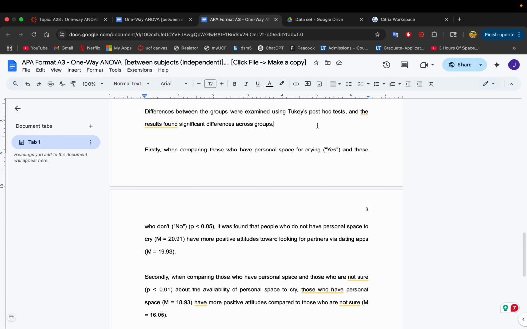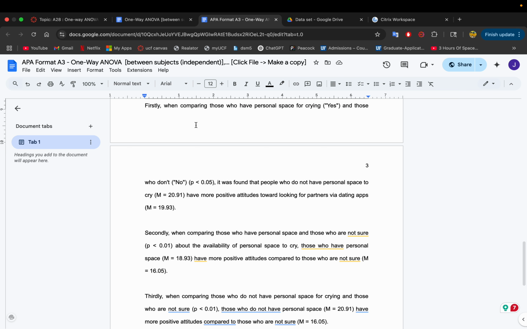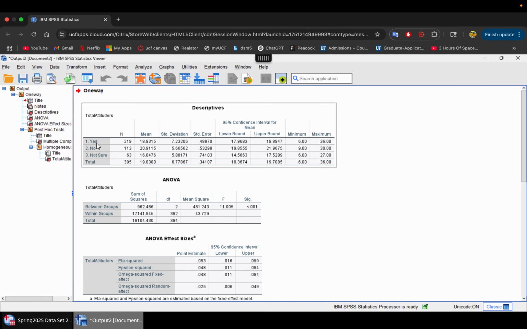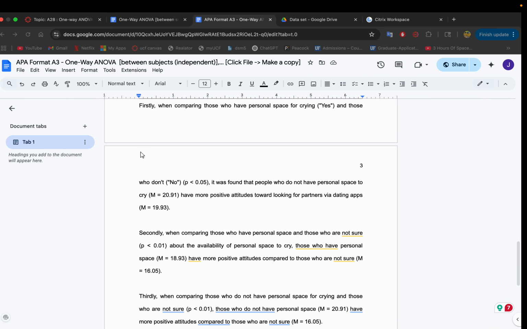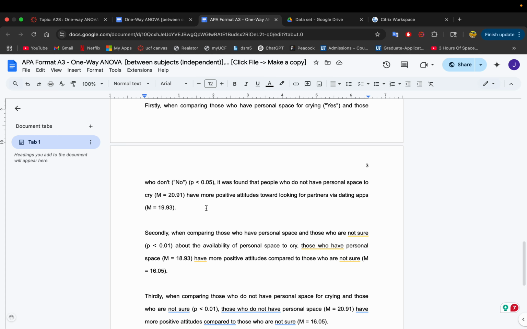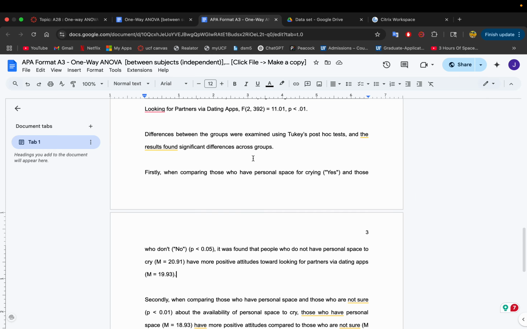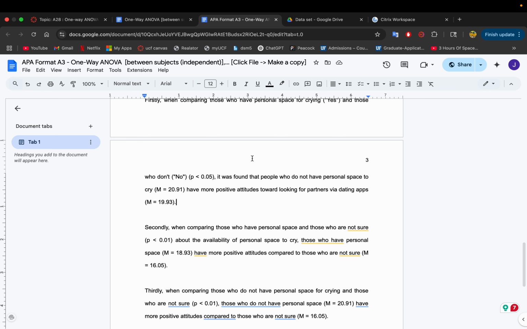So the post hoc test, again, is just checking each and every variable. Firstly, when comparing those who have personal space for crying, and that is going to be yes, right here in the survey, and those who don't, that's going to be no, have more positive attitudes towards looking for partners via dating apps, and it gives the mean for the positive attitudes.